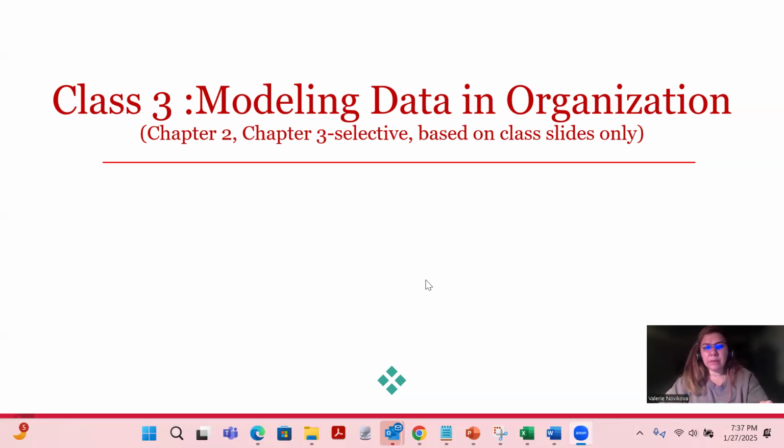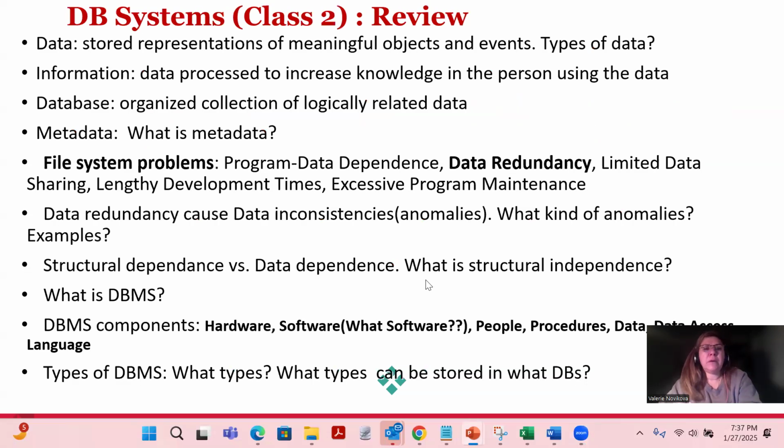So let's start. A little review of the last class. Data. What is data? Data can be in different formats. It's a stored representation of the objects, events, anything that we're trying to save or store in the database. There are different data types.